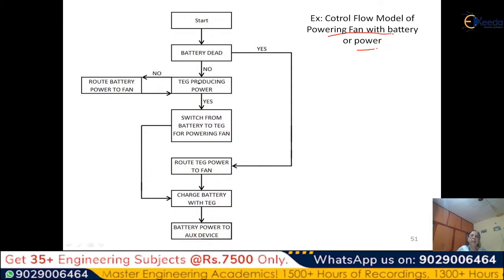Otherwise, if it is there, then we switch from the battery to the power for powering the fan. And we also charge the battery with the generator and give battery power to the auxiliary device.